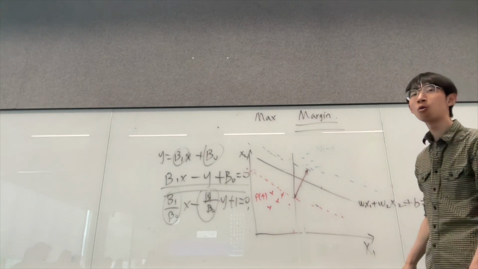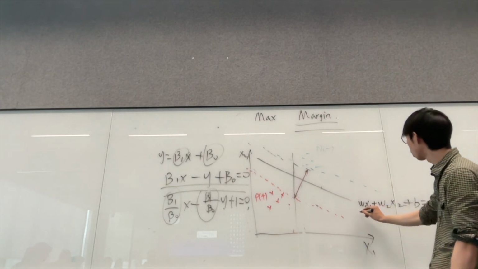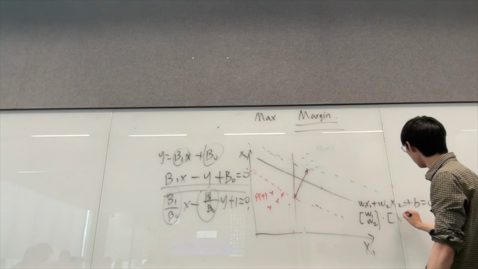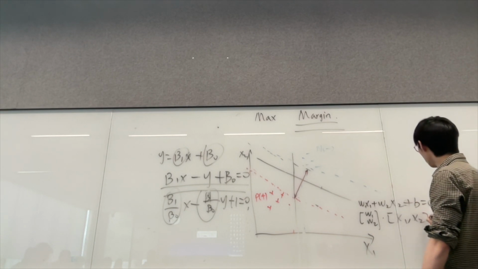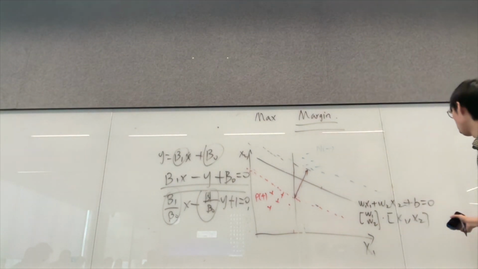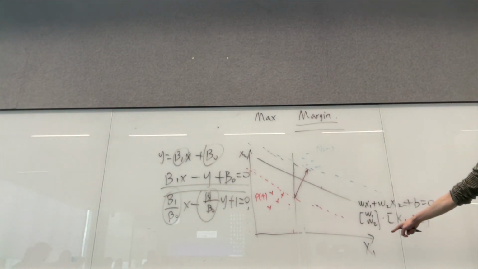You say transpose. Why transpose? Because we can take it in vector form. It's (w1, w2) transpose times (x1, x2). So now we have the transpose. But anyway, what are the parameters now? What do we want to achieve?